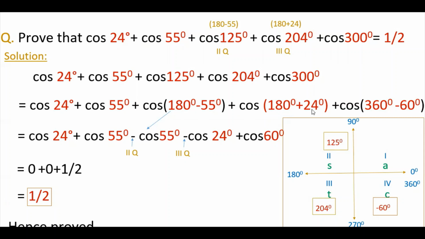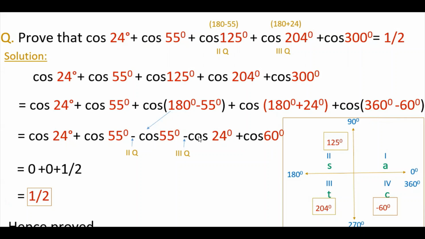Similarly, cos 180 plus 24, that is 204 degrees, is in the third quadrant. Only tan and cot are positive. So here it is cos, so you have to put a minus sign, minus cos 24. So you have to write cos 24 plus cos 60. 360 degrees means one rotation has completed here, and here minus 60 degrees is in the fourth quadrant. In the fourth quadrant, cos is positive, so you have to put plus cos 60 degrees.